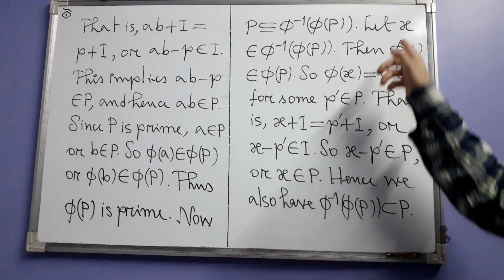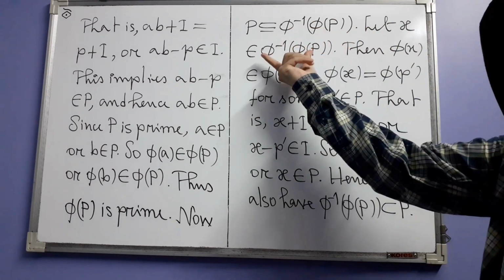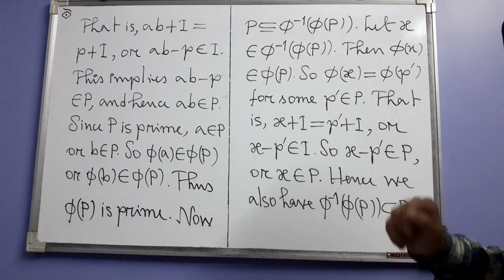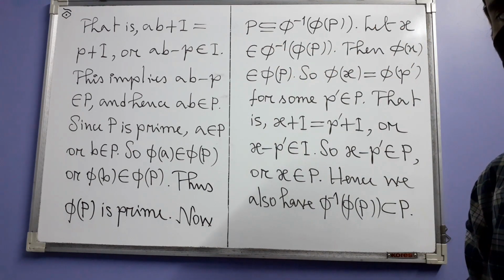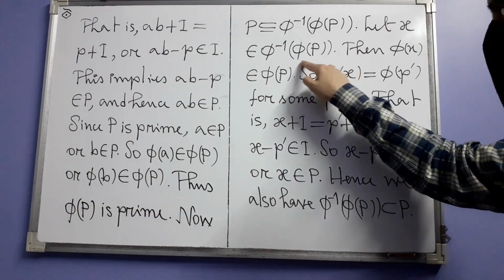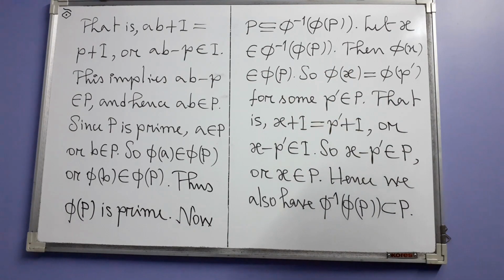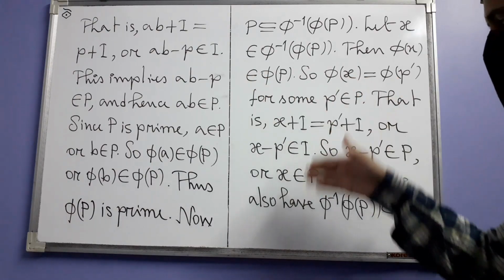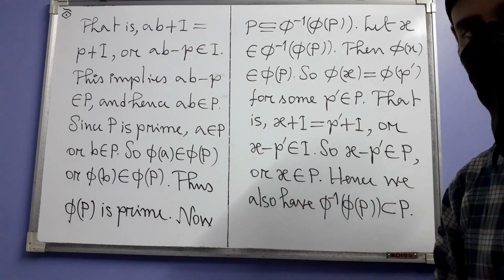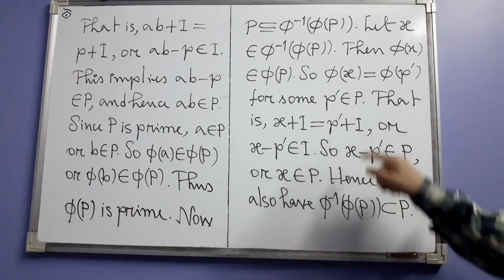For that, what we do, we take any element x here. What does it mean for x to be in this inverse image? That phi of x would belong to this set, phi of P. So that means again same thing as before. We have already gone through this type of argument 2 times in this proof.